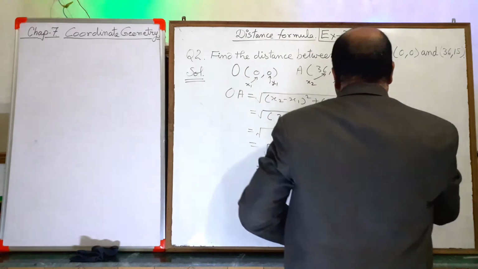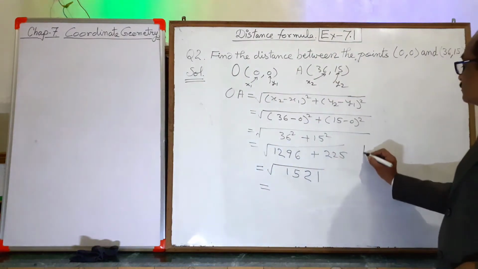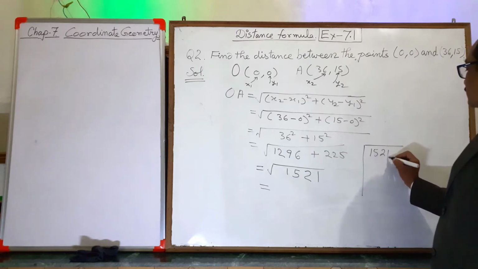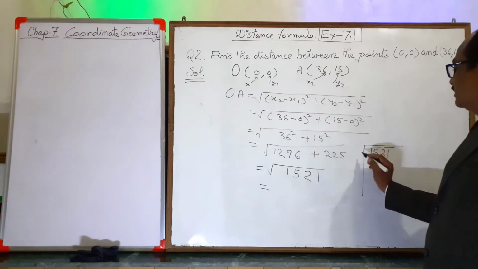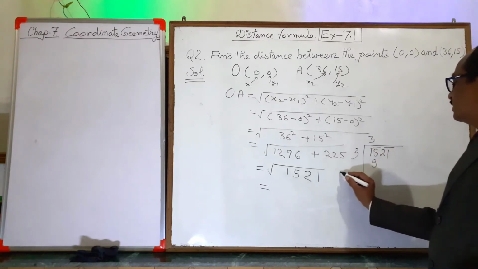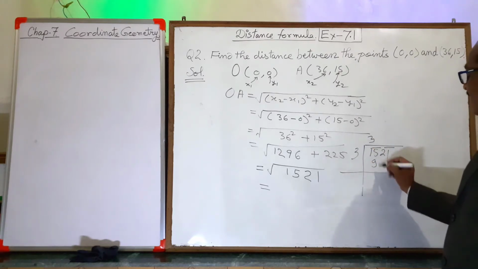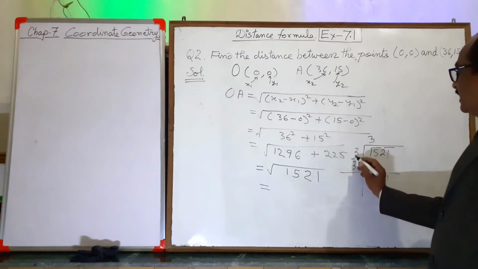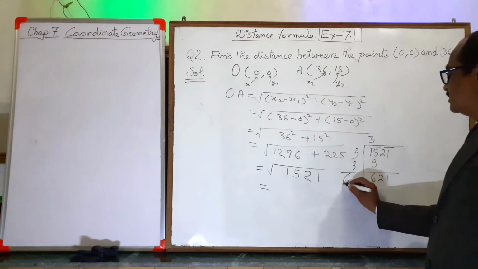Now see how to find its square root. 1521, taking pairs like this. 3 threes are 9. Now subtracting, we get 621. 3 and 3 adding, so we get 6.